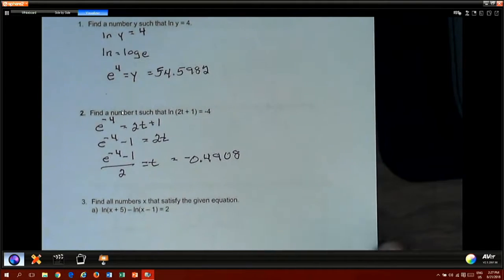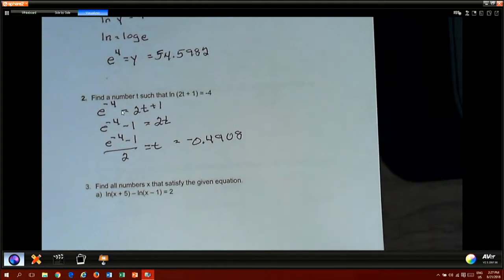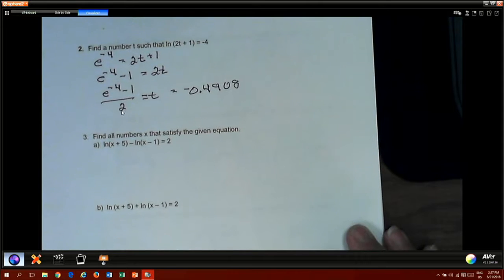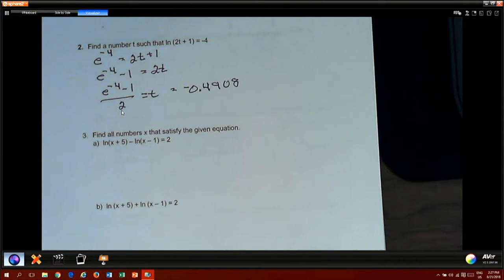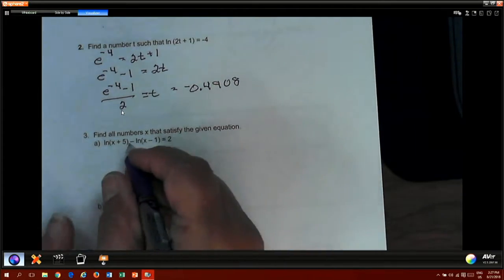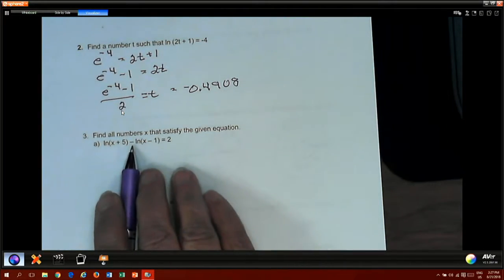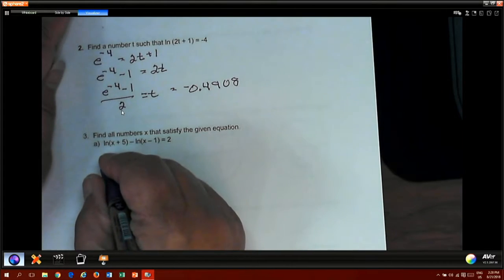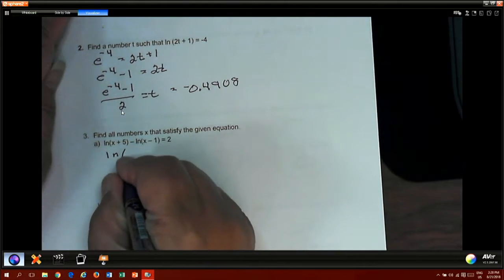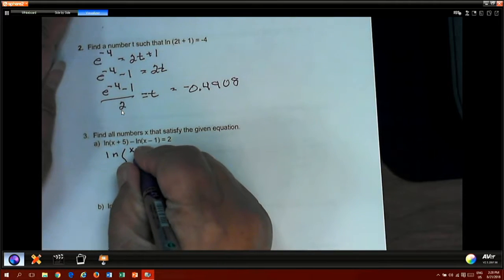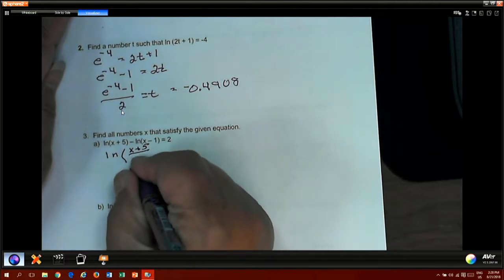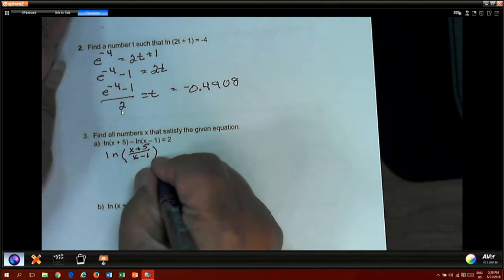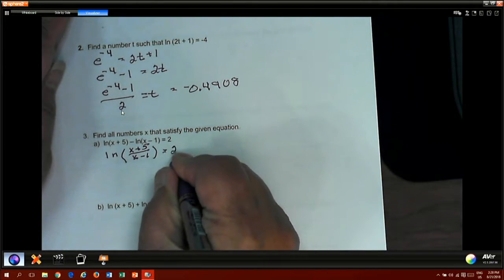Now find all numbers x that satisfy the given equations. Okay, so we have to use some of the properties we had before. So here we have a subtraction, which means it becomes a quotient. So it's ln of x plus 5 over x minus 1 equals 2.